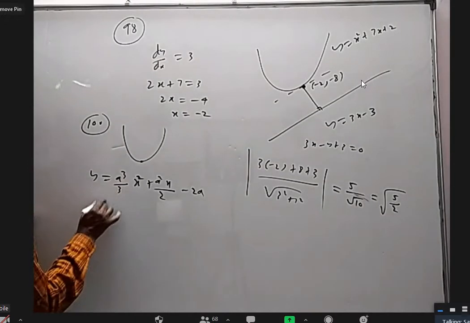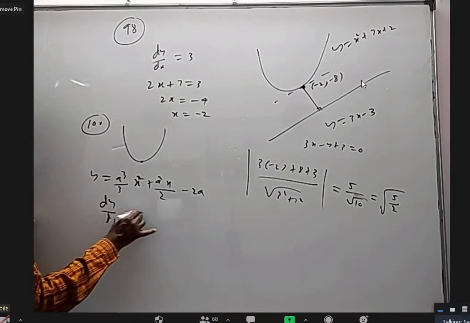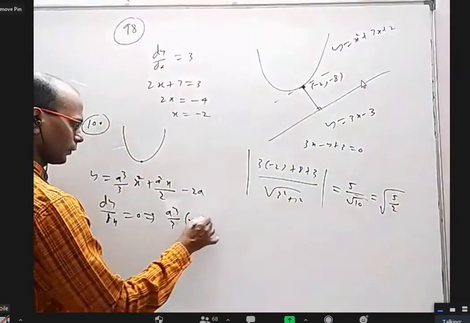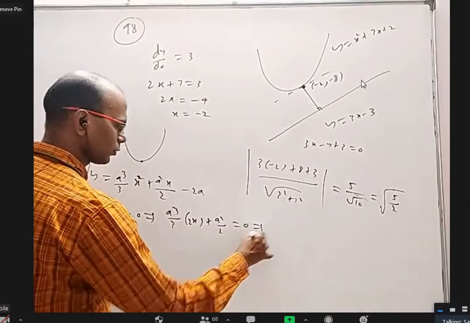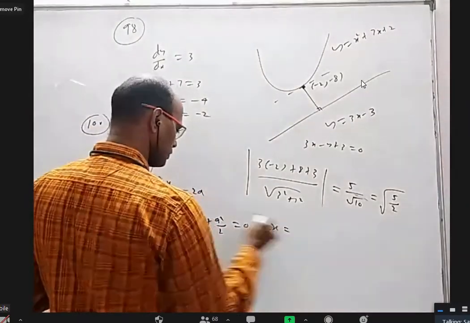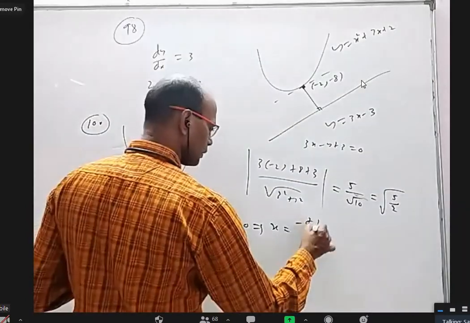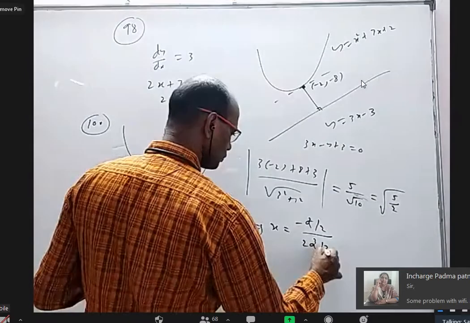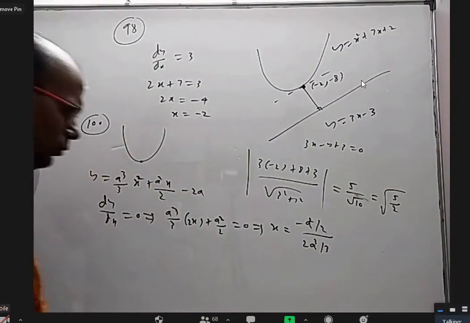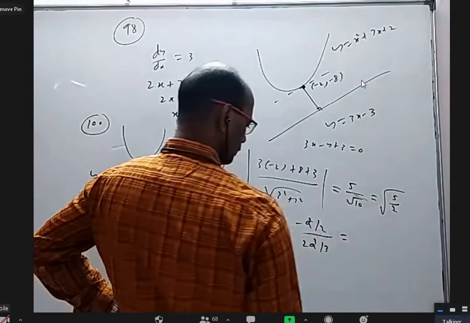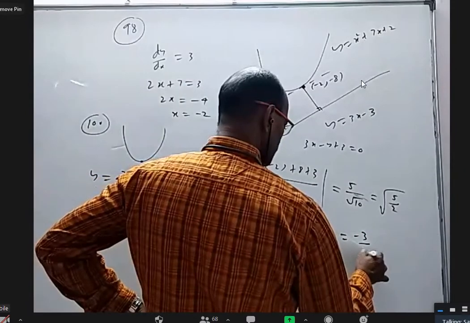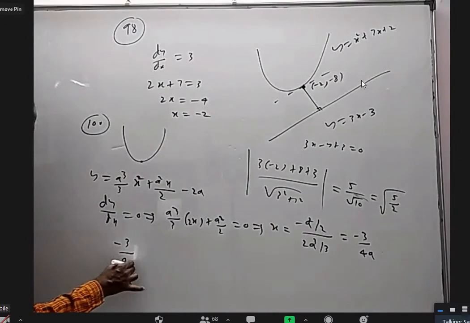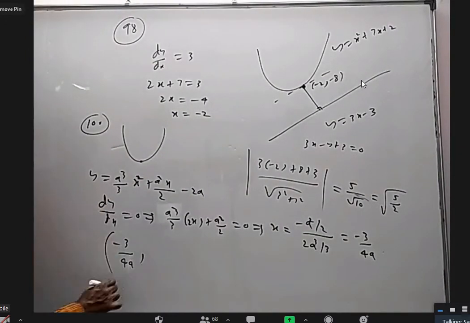When I find dy by dx and equate it to 0, it is a cube by 3 into 2x plus a square by 2 equal to 0. From this I'll get x as minus a square by 2 divided by 2a cube by 3, which is minus 3 by 4a. So the x coordinate is minus 3 by 4a. Substitute it here, you will get the y coordinate.